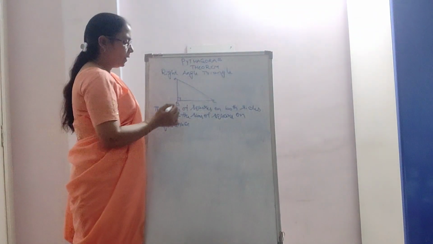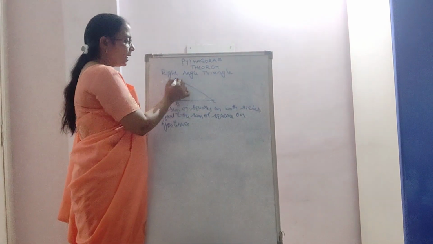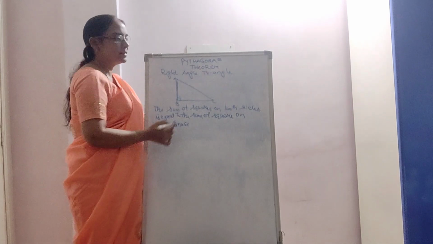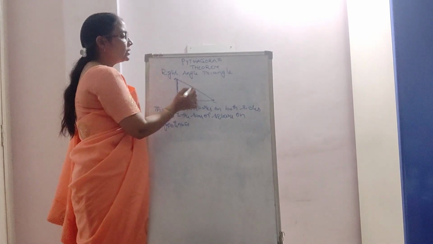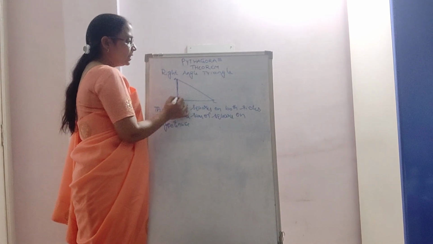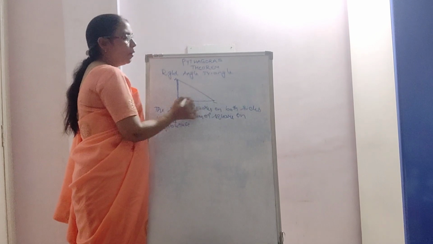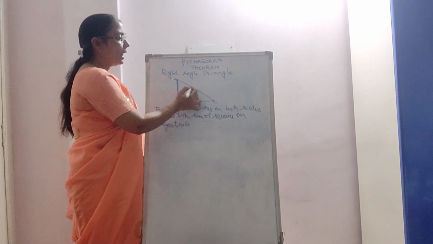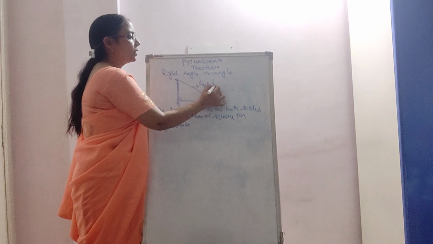What does this mean? It means that we all know that in a right angle triangle, AB and BC are sides and AC is also one side. In a right angle triangle, this is a perpendicular and one is base, and the side opposite to the right angle is always called hypotenuse.